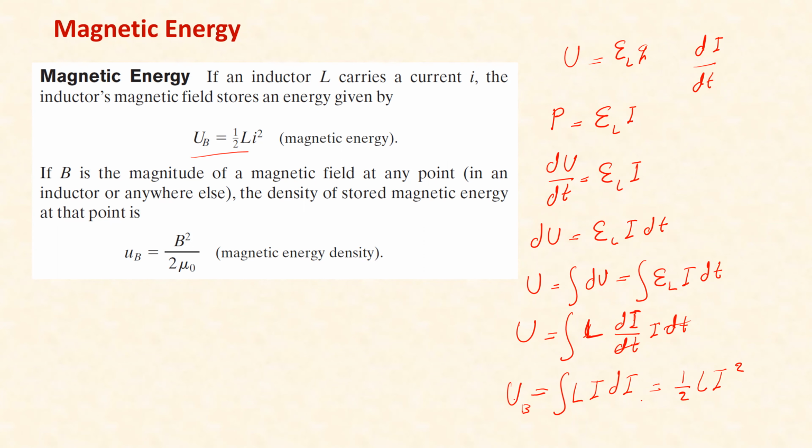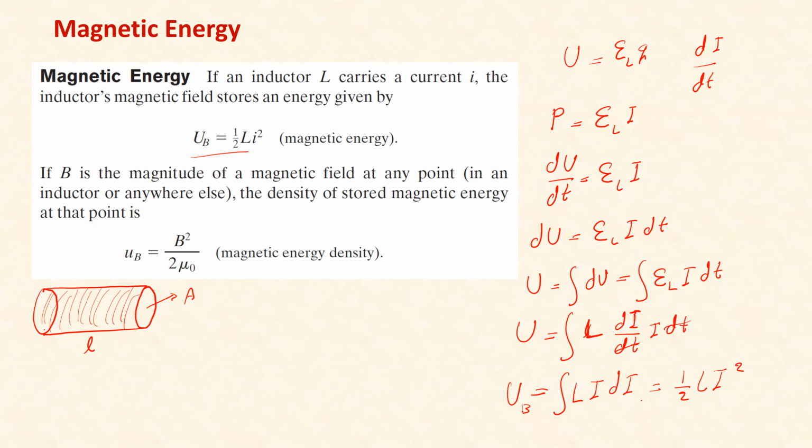And now consider an ideal solenoid. Let's say the solenoid has length l, cross-sectional area A, and n windings per unit length, and it has a current I in it. All right, how much energy is there?